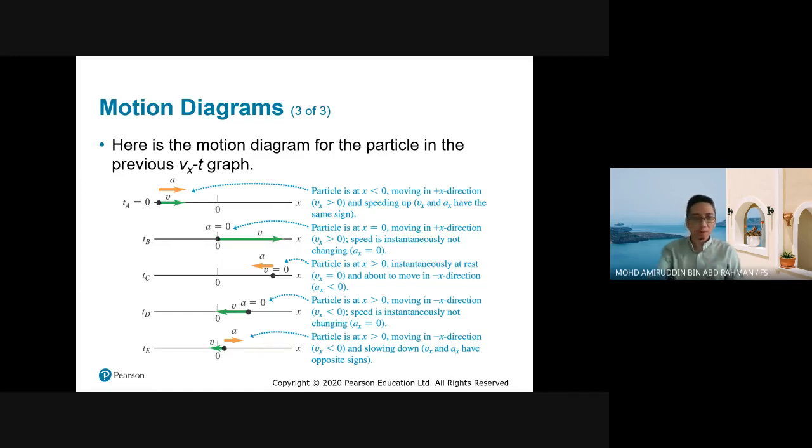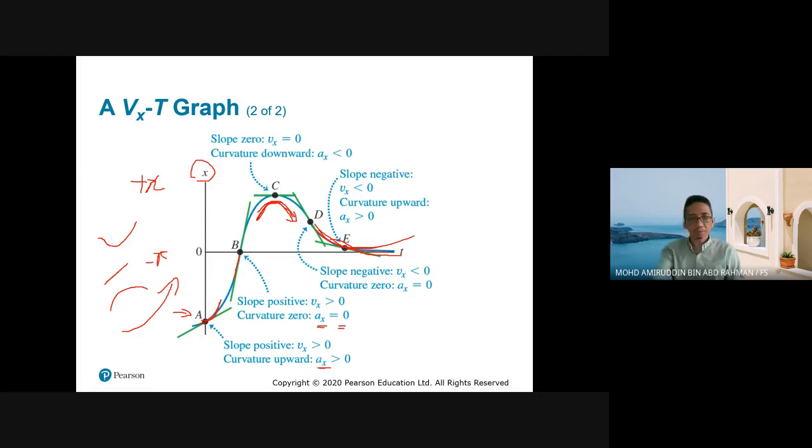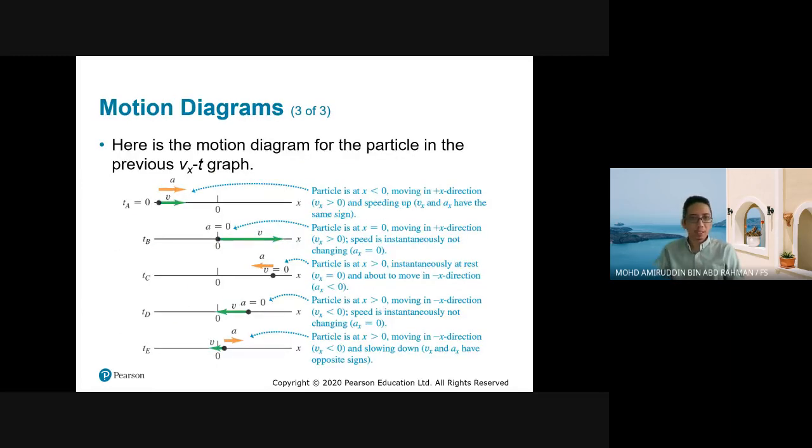Then at point B, the particle is at 0, moving in the x direction. The speed is instantaneous and not changing, so the acceleration is 0.